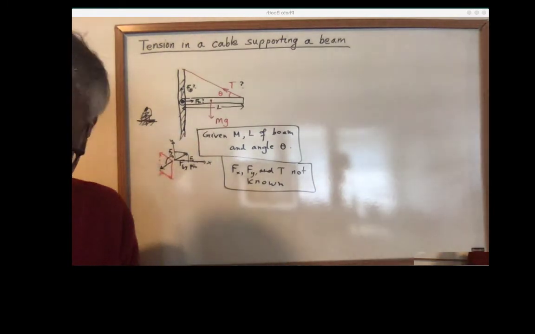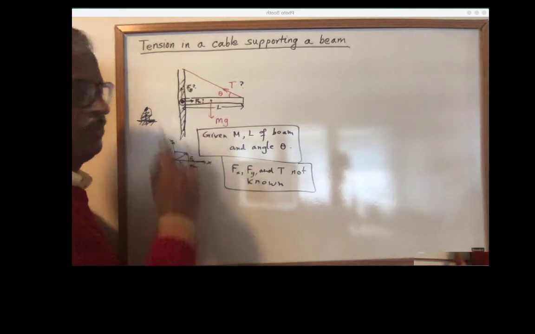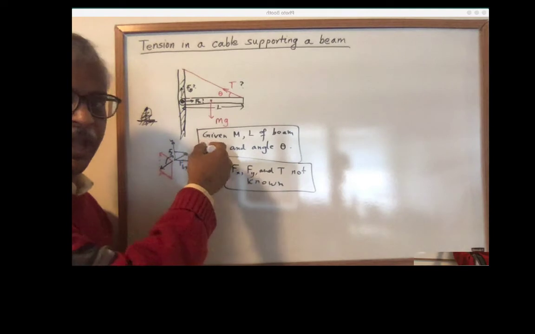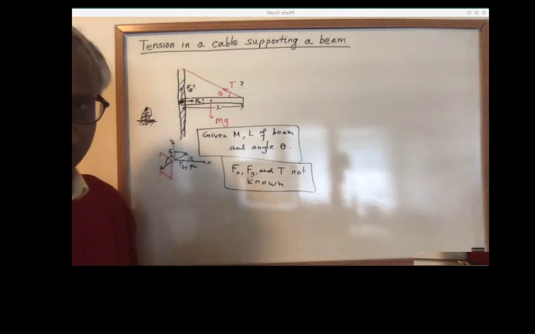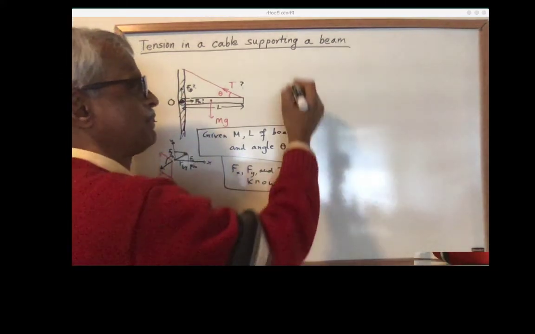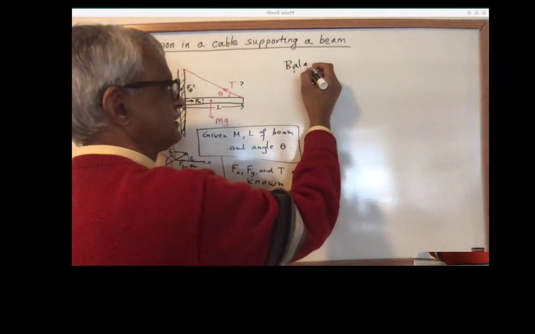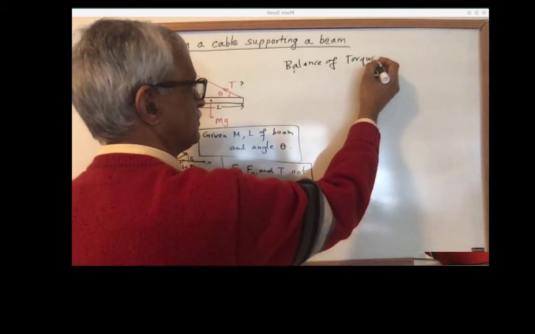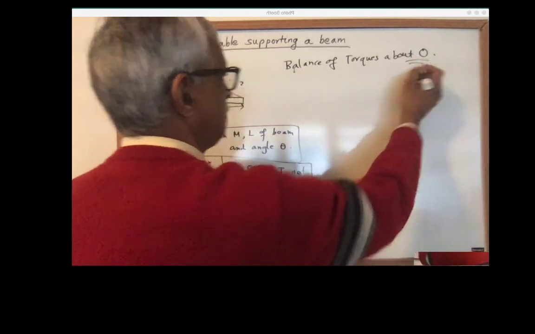So in this situation, if we're not interested in fx and fy, just tension, then a torque balancing equation about this point is very useful. So we're going to work out the balance of torques about O. Why did I pick O?